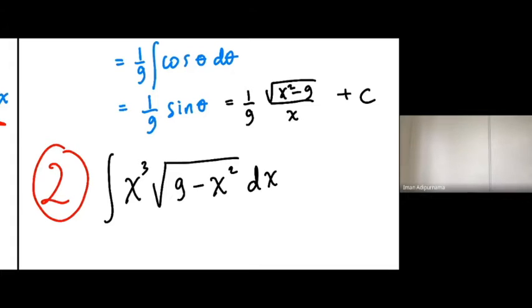Now inside the square root, we have a constant minus x squared.